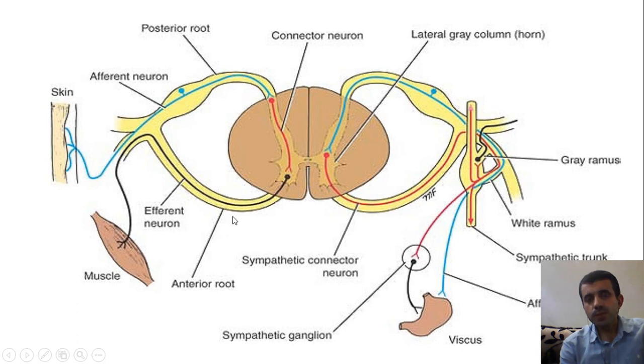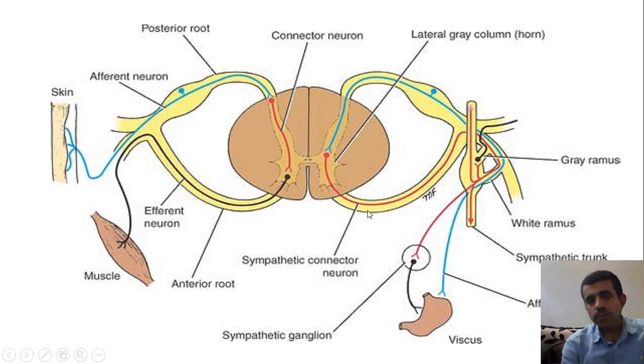This is the anterior root, this is the posterior root. Okay. Now on the other side, the figure explains the autonomic nerve fibers. These are autonomic. These are present on both sides.